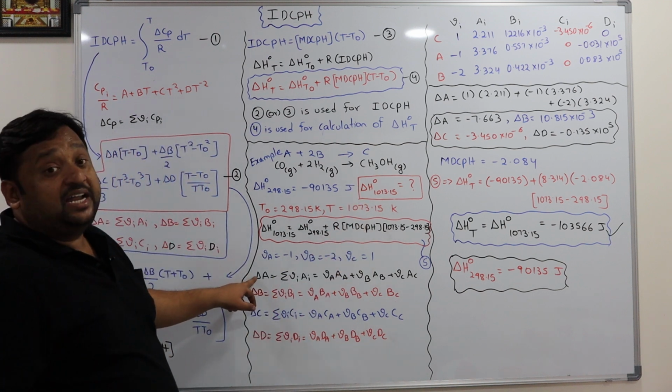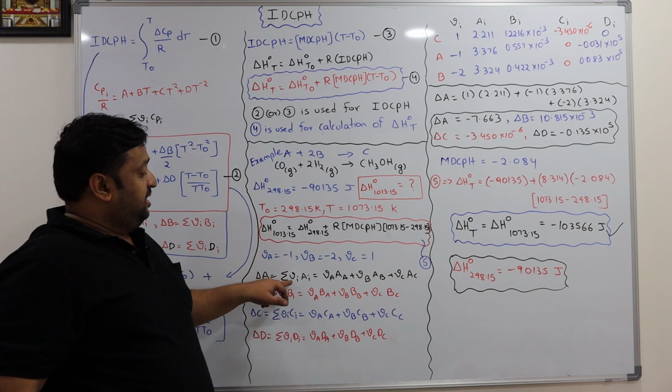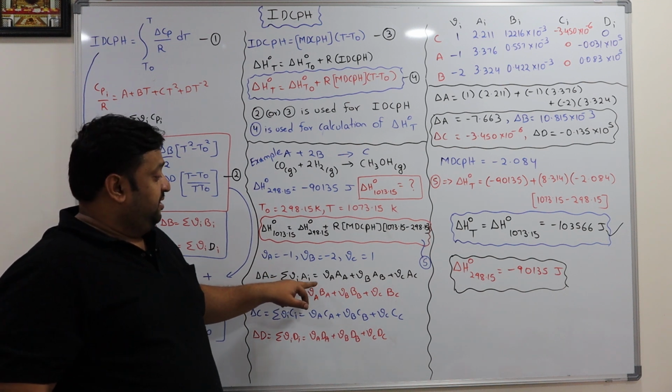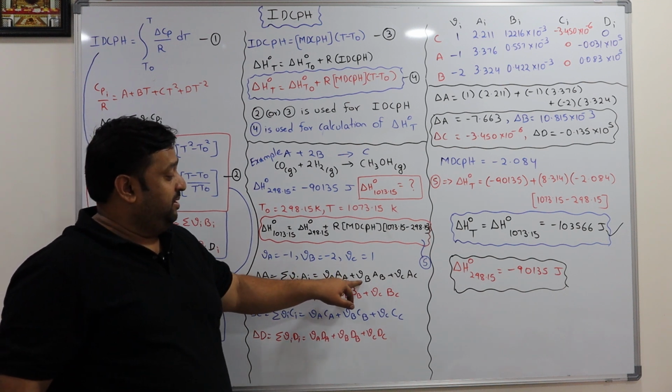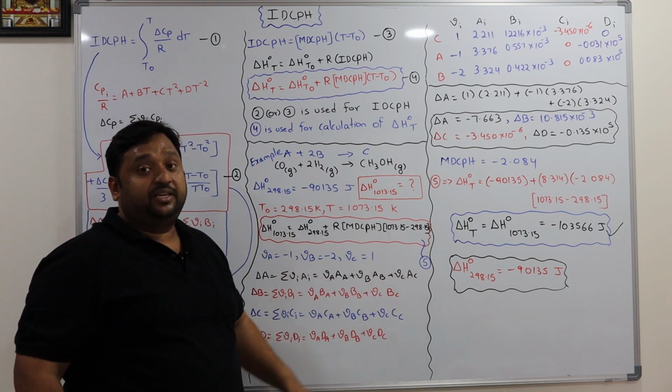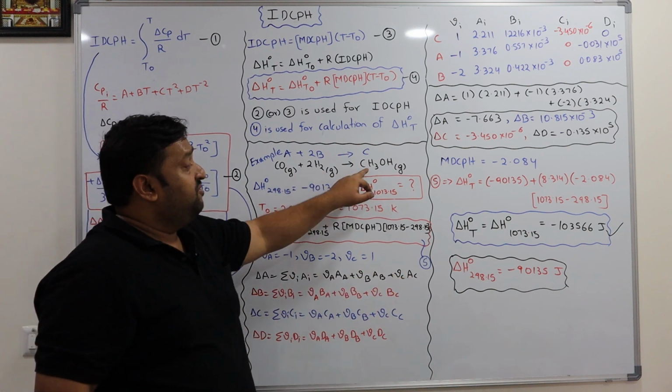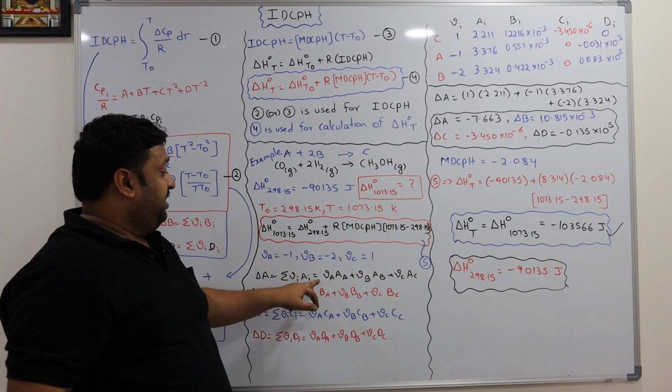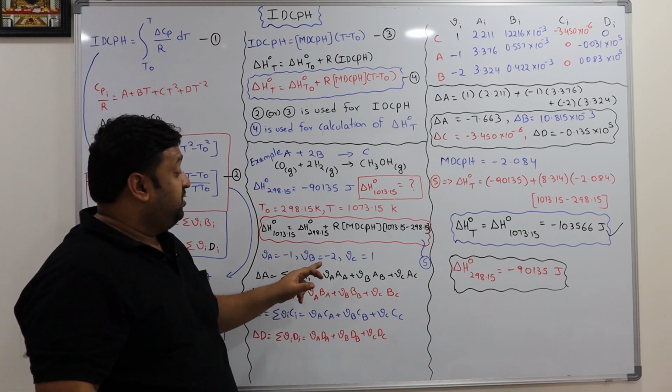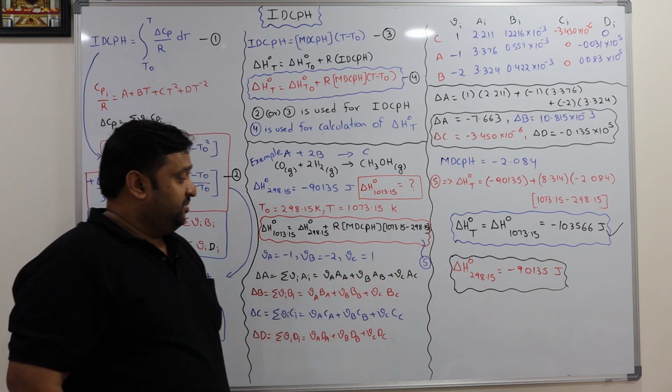And you can see here, what is delta A? Sigma VI into AI: VA into AA plus VB into AB plus VC into AC, because there are three components involved in the reaction. That is why we expand the sigma into these three terms.